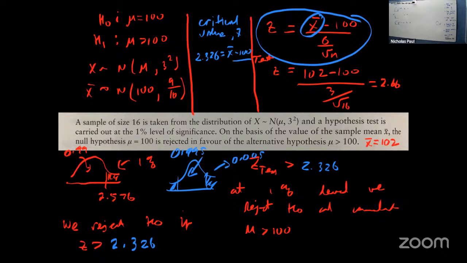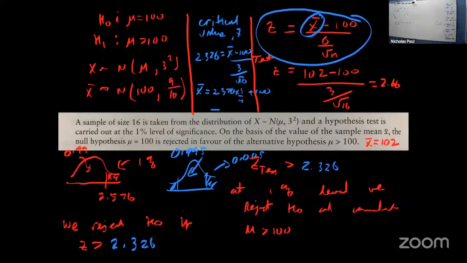That was 3 on root 16, so 3 on 4. If I cross multiply, I will end up with x bar being equal to 2.326 multiplied by 3 on 4, plus 100.